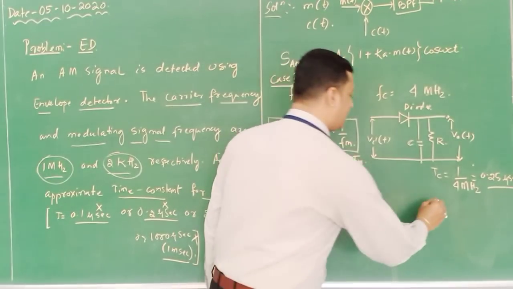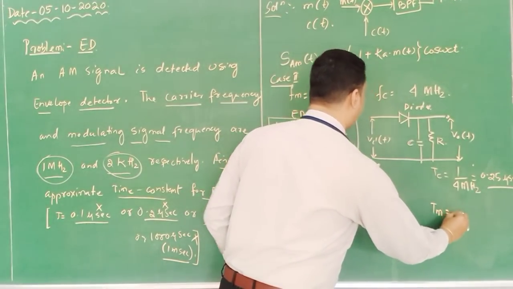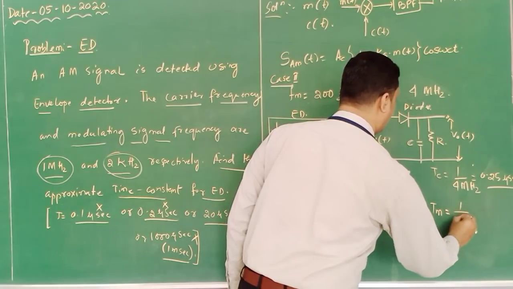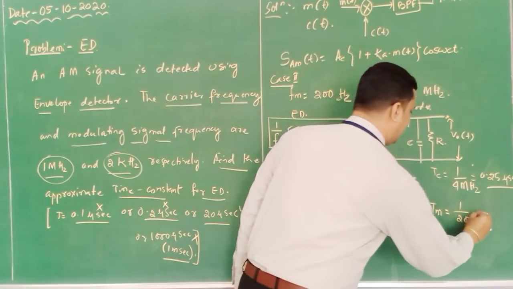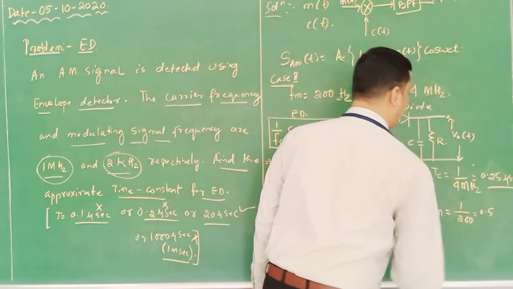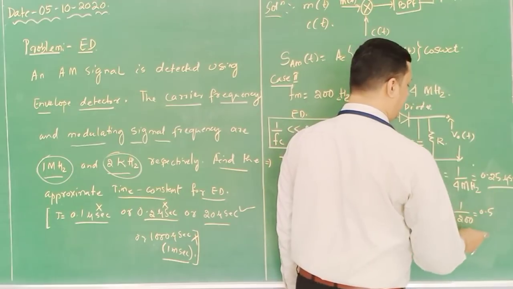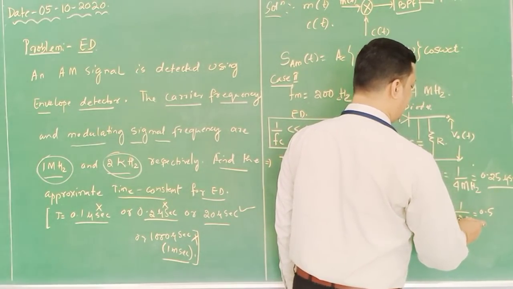Then similarly, what is the time period for your modulating signal? 1 by 200. So that means it is 0.5 into 10 to the power 3 into 10 to the power minus 6.